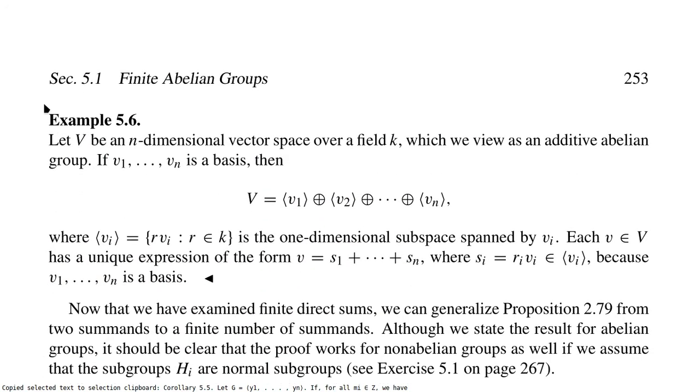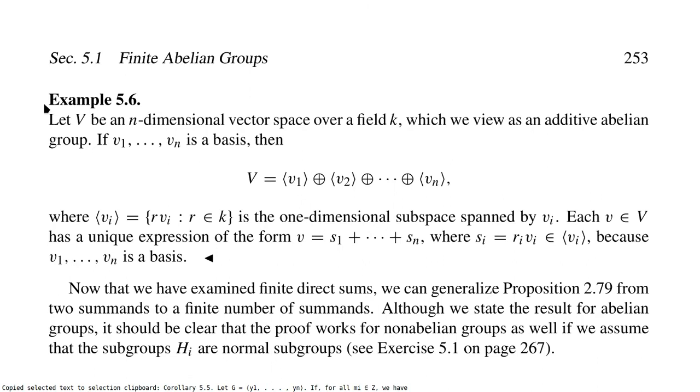And the example is kind of the same thing. If you have an n-dimensional vector space over a field, and you take a basis of the vector space, then V, the whole vector space, can be written as the direct sum of the subspaces generated by all the elements of the basis, right? These subspaces are things like these.